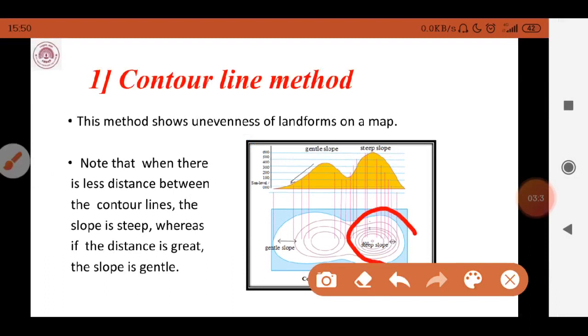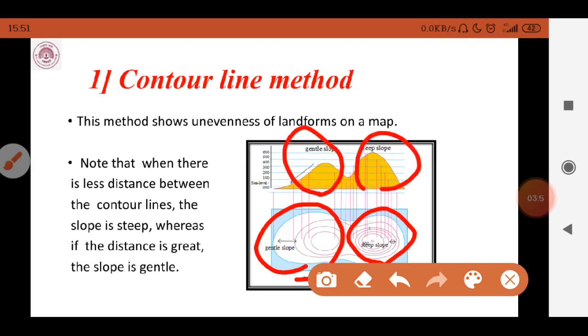This slope is steep and this slope is gentle because the distance between the contour lines is more in the gentle slope and the distance between contour lines is less in the steep slope. Observe the diagram. This is a gentle slope and this is a steep slope.